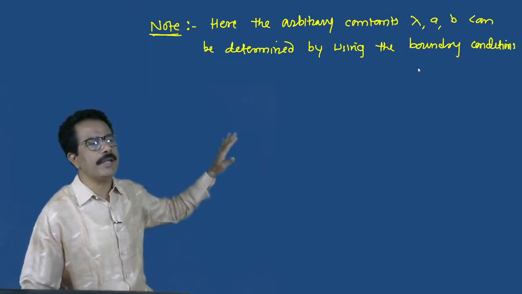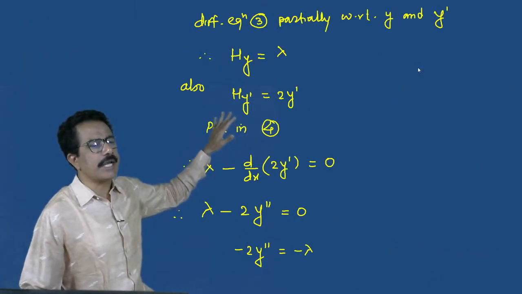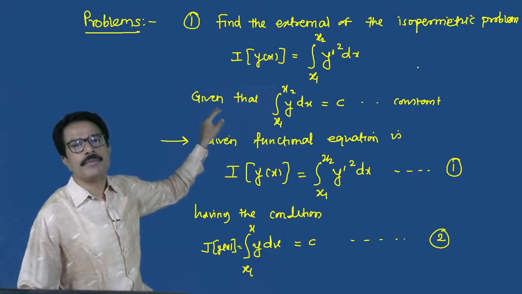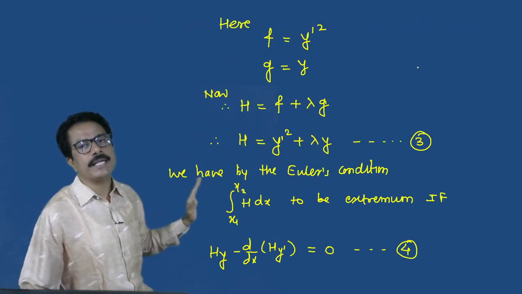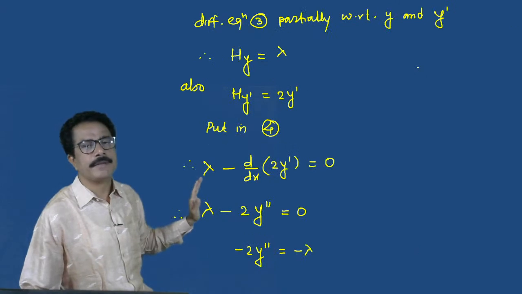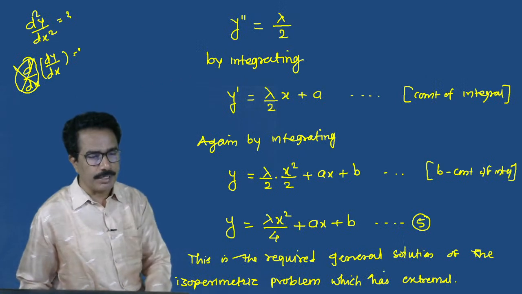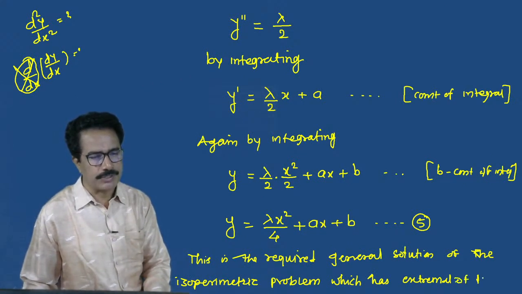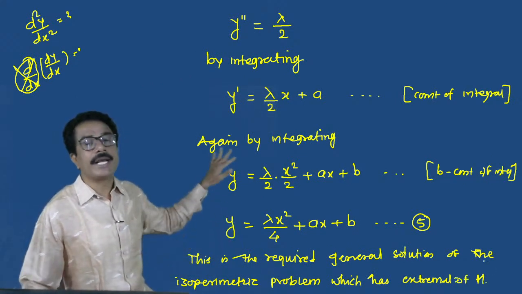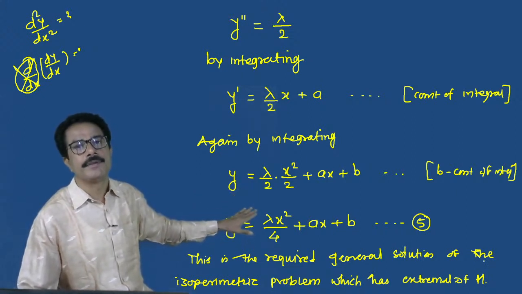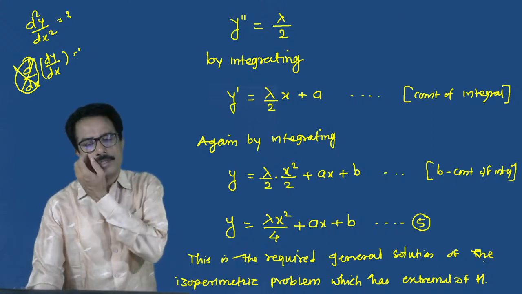But in this problem the boundary conditions are not given, so we can't calculate the particular solution of the extremal of h. So this is the required general solution, which is the extremal for the function h. Okay, now we shall move towards the second problem.